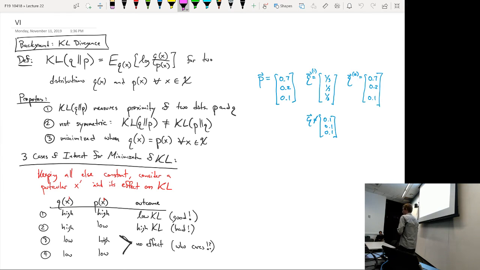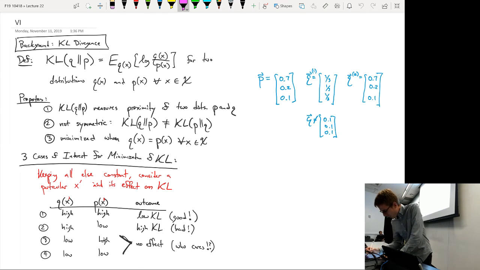Another question. I was wondering why we consider a particular x, because I thought it was the expectation of the distribution. Shouldn't it be like the mean, the average across all the x's that you use, rather than this particular x? Yeah. So hold on.